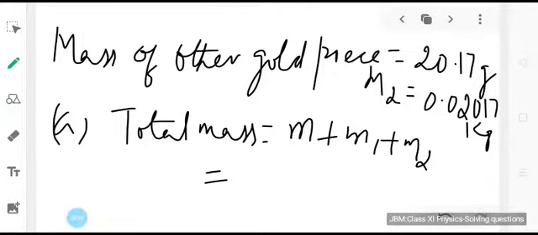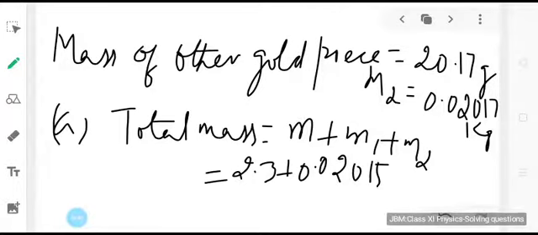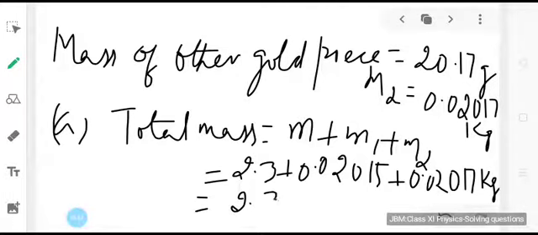So that will be equal to how much? 2.3 plus 0.02015 plus 0.02017 kg, and that will give you 2.34032 kg.